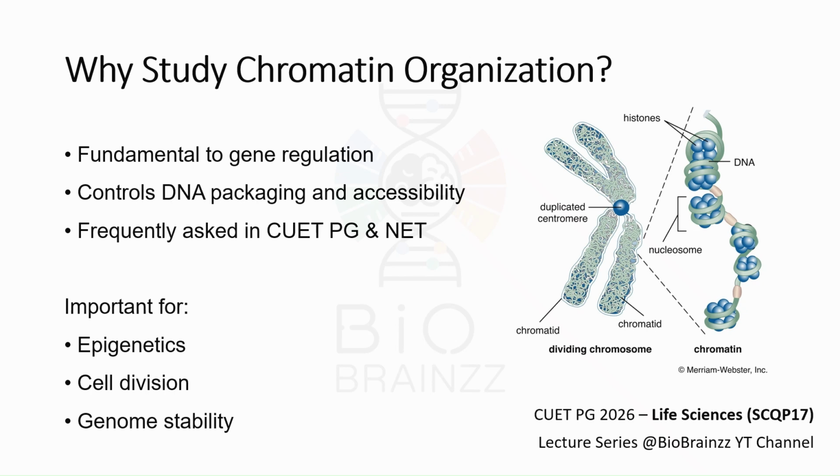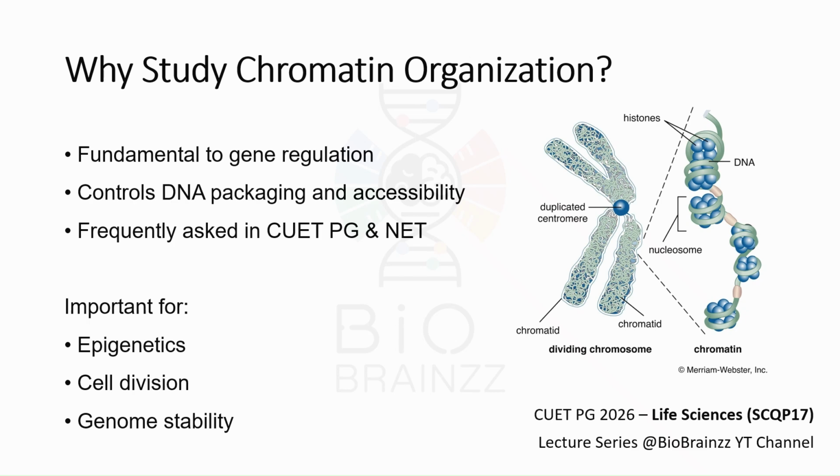Secondly, chromatin organization controls DNA packaging and accessibility. Even though the DNA is extremely long, it has to fit inside a tiny nucleus, and at the same time it must remain accessible for transcription, replication, and repair. This balance is achieved through chromatin structure.